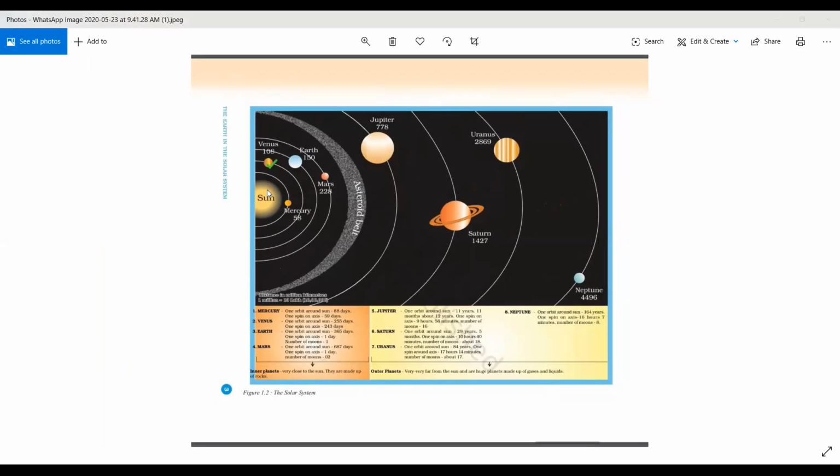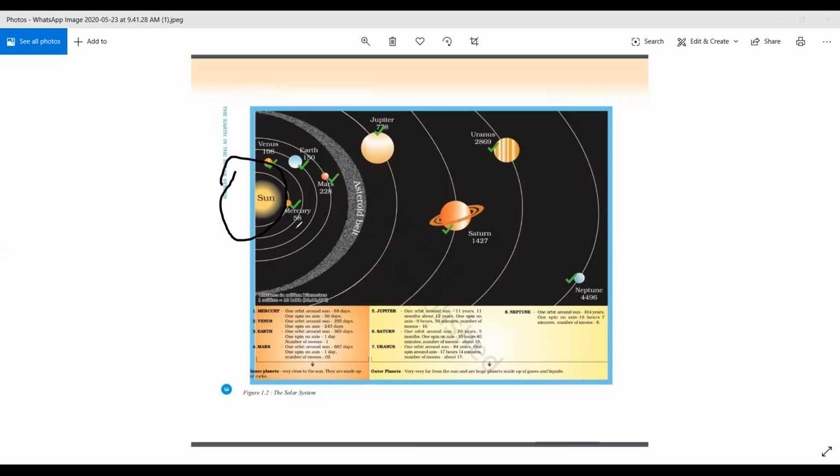Number one is Mercury, Venus, Earth, Mars, Jupiter, Saturn, Uranus, and Neptune. So these are the distances of the planets from the sun.